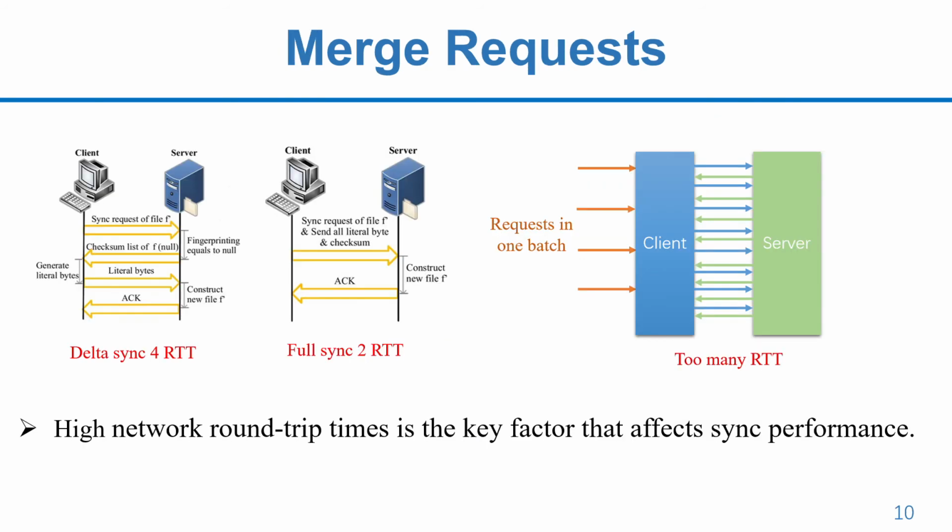As we can see, regardless of data sync and full sync, both methods need several network round trips to complete a sync request. In a high-latency network environment, the network round-trip overhead caused by a large number of requests is undoubtedly a heavy burden.